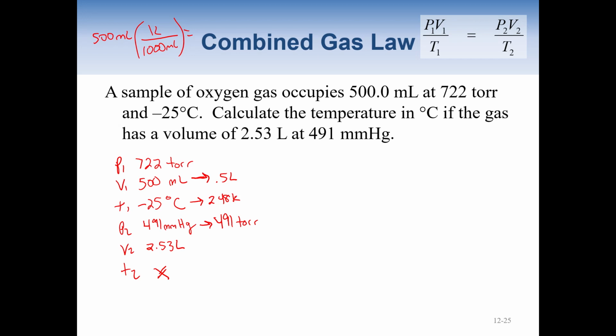Now we can finally put this into the problem. So P1, 722, V1, 0.5 liters, over T1, 248, is equal to P2, 491 torr, V2, 2.53, over T2.